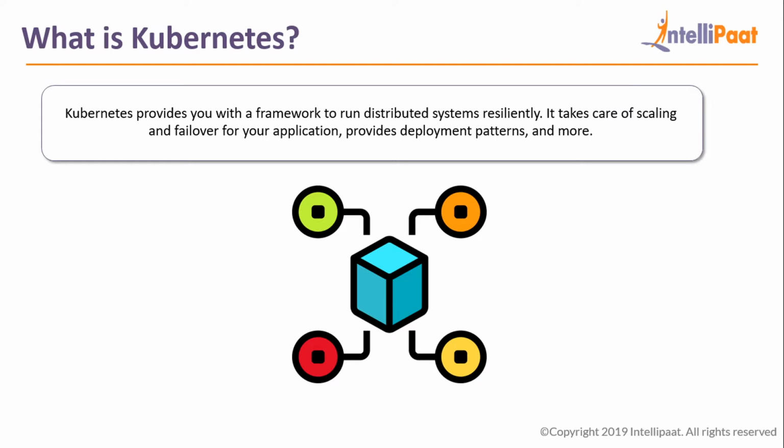Kubernetes basically provides you with a framework to run your distributed system very resiliently, and it takes care of all of the scaling and failover for your application, and provides you with deployment patterns and more. What we mean by scaling and failover of your application is, let's say you have an application and you're experiencing heavy traffic, and for some reason one of your deployment pods fails. Pods are something we'll be discussing later.